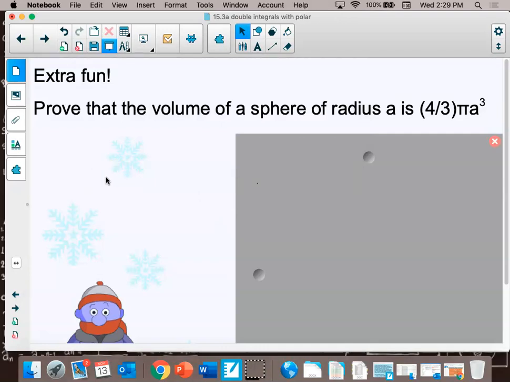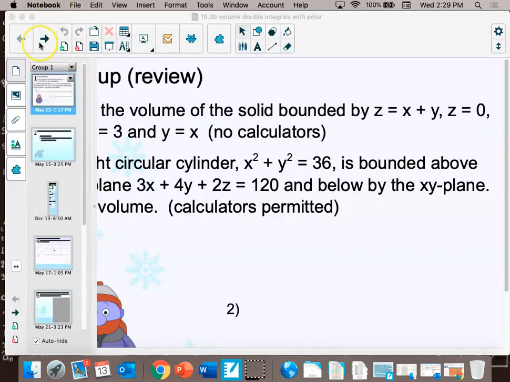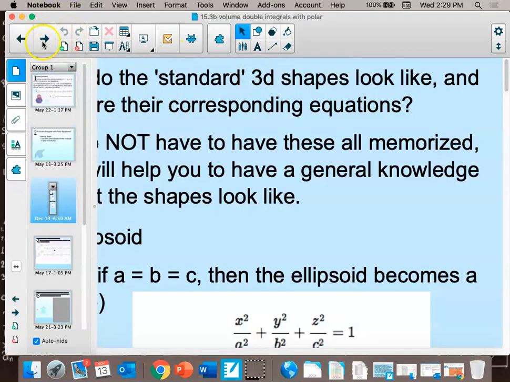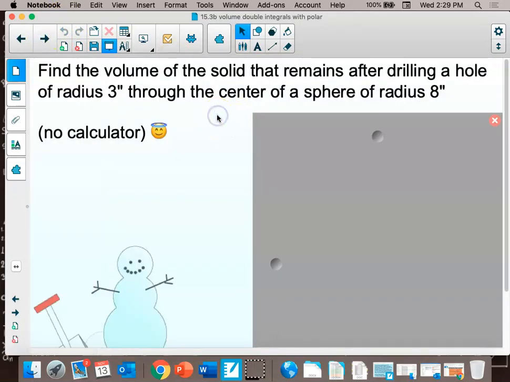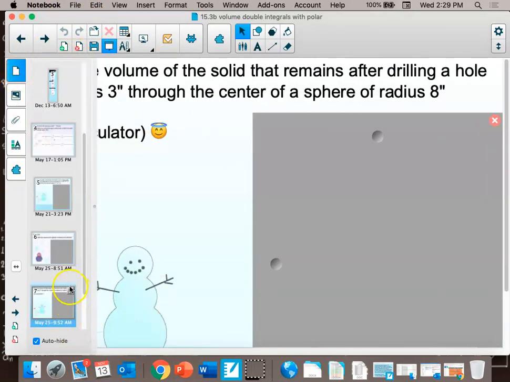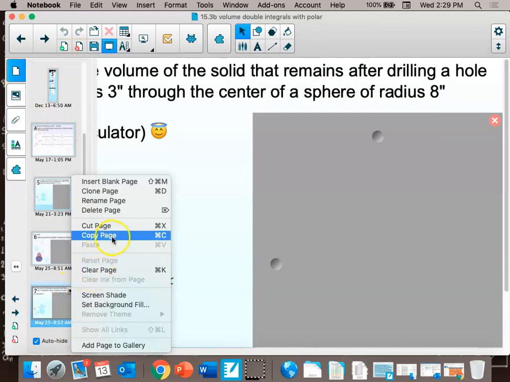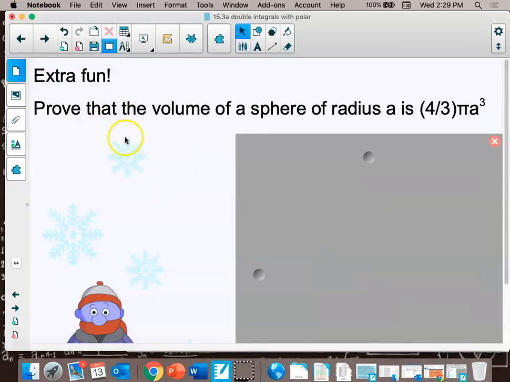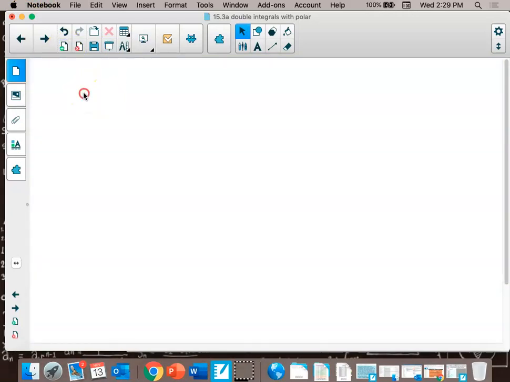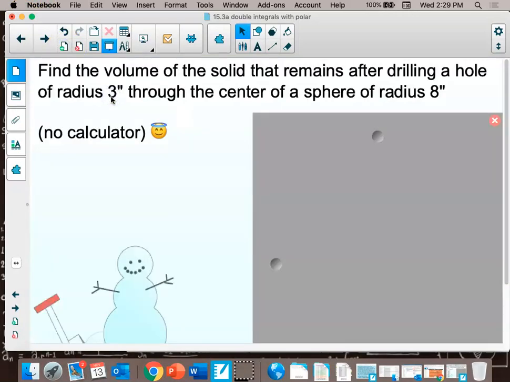So we're kind of squishing. Okay. Go. Here we go. Oh, okay. This is fun. All right. So let me copy this page. Copy. Paste. There we go. Save.